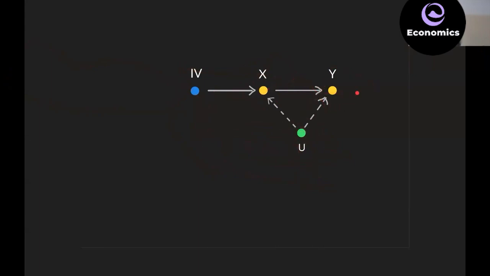It's not going to affect people's earnings, because the lottery itself is not going to affect people's earnings, except through affecting people's decision to enroll in a university or not. And that changed years of schooling and so on. So in that case, the instrumental variable is going to be helpful for us to get the relationship between years of schooling and earnings.